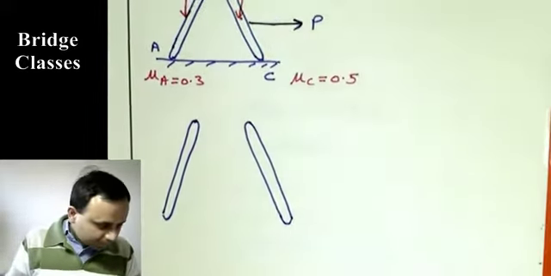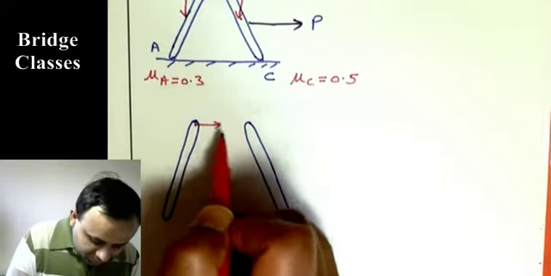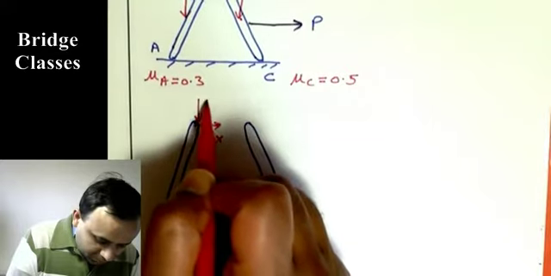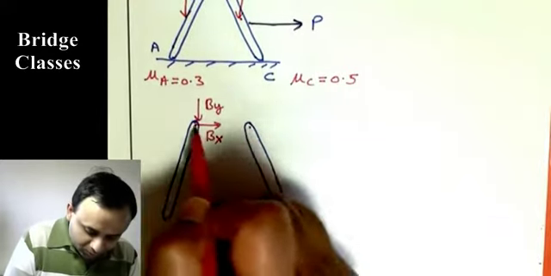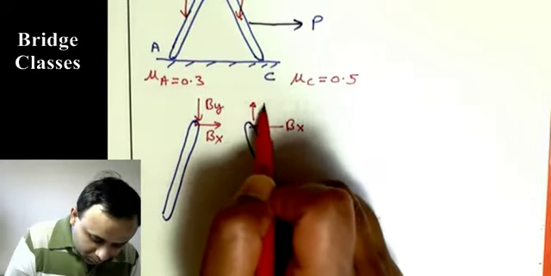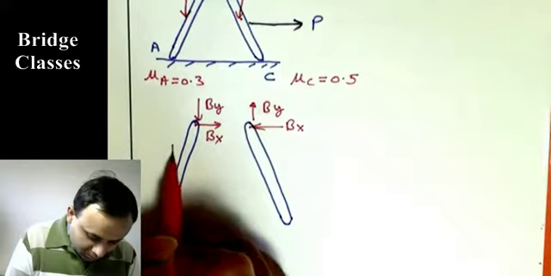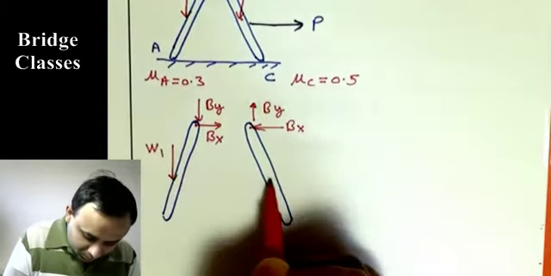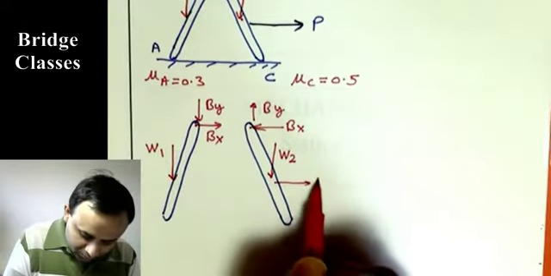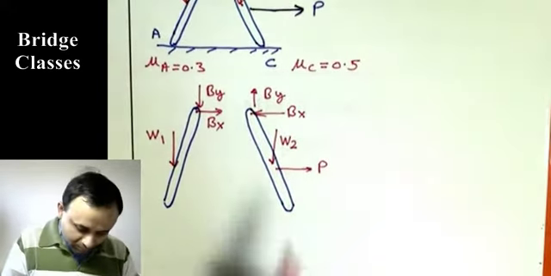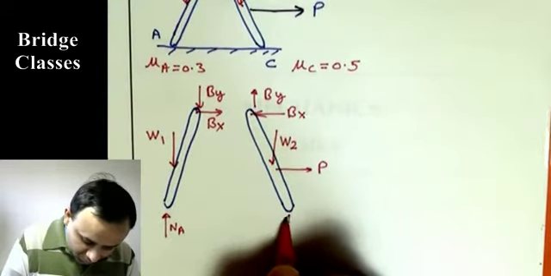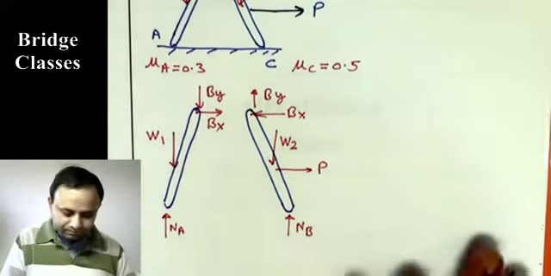Now, the free body diagram will be like this. Because of the pin connection, we'll have some horizontal force and vertical force, and forces on this will be opposite to that. So say this is Bx, By. This weight we had W1, the weight of this one W2, this force applied P. We have normal reaction at A, and normal reaction at B.